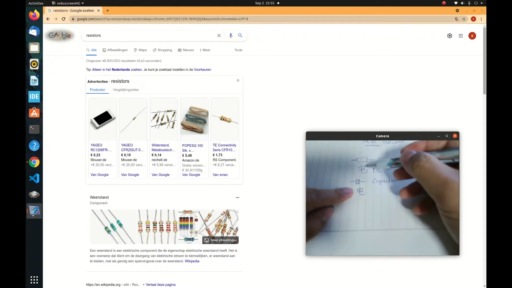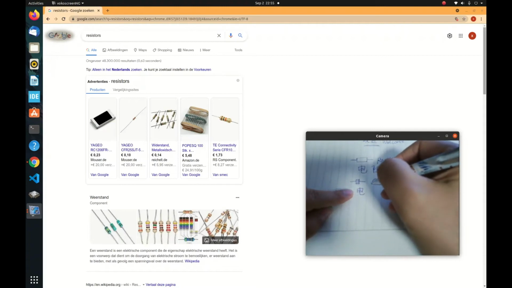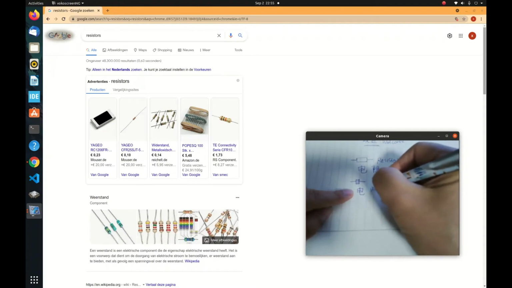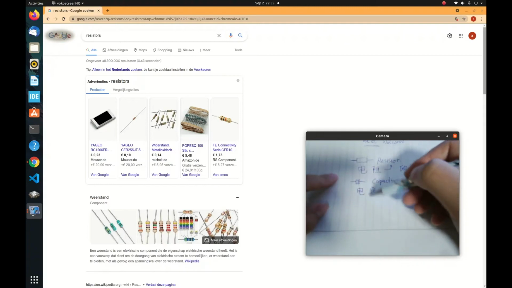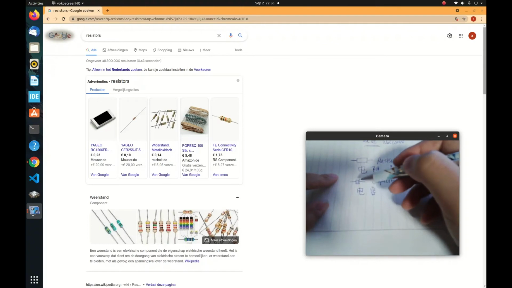So if you remember, this word is the same. That means electricity. And then the other one, this is actually this one. And this in Chinese is read rong, so it's dian rong.